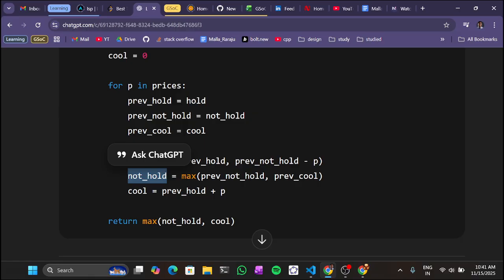If you choose not to hold now, that means probably you are not holding previously anyway, or the second choice is you already sold previously and you choose the maximum cooling period value.